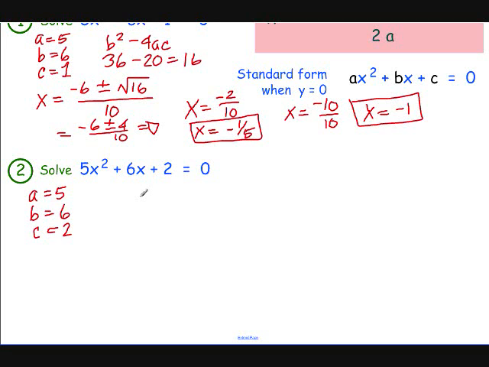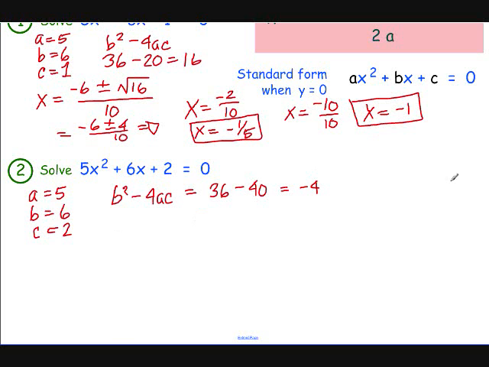My discriminant, b squared minus 4ac is equal to what? 36 again. A times c is 10, so minus 40. My discriminant is equal to negative 4.